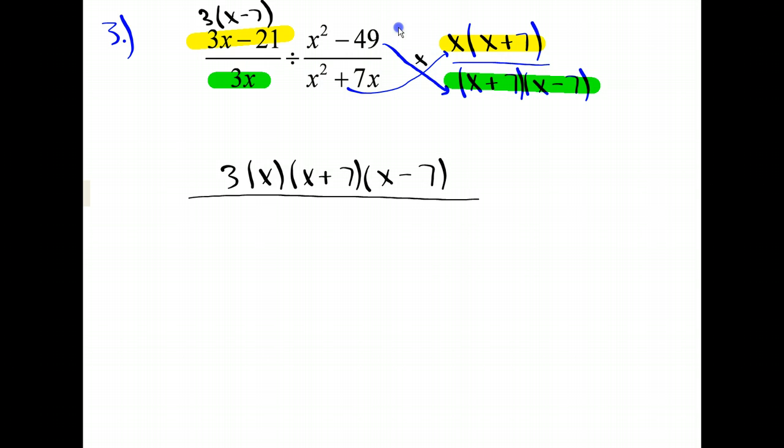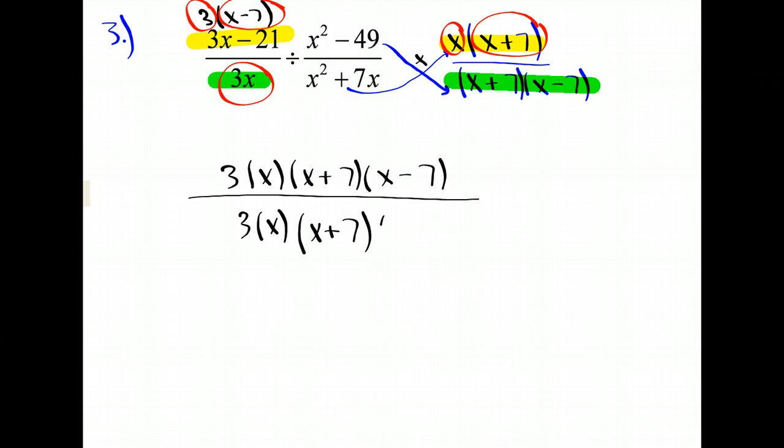And so there's all my factors there: the 3, the x plus 7, and the x minus 7. And then in my denominator, I have 3x, so I have a 3 and an x coming from right there. And then I have an x plus 7 and an x minus 7.